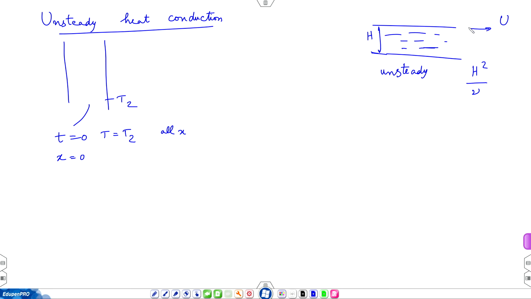It is like giving motion to the top surface of this channel. So, at x equal to 0, T is equal to T1 for all time t greater than 0, while the right surface remains at temperature T2. Suddenly the left plane becomes T1.